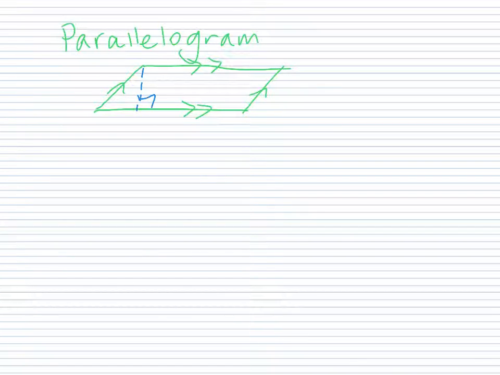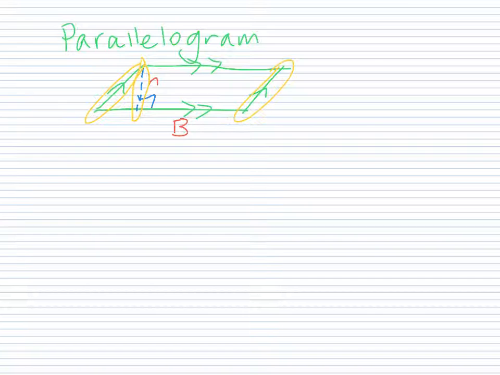So this is our height, this is our base, just like a triangle. You've got to understand that this height here is not the same length as these two. That's why we need to find out what our height is, because the height will probably be shorter.